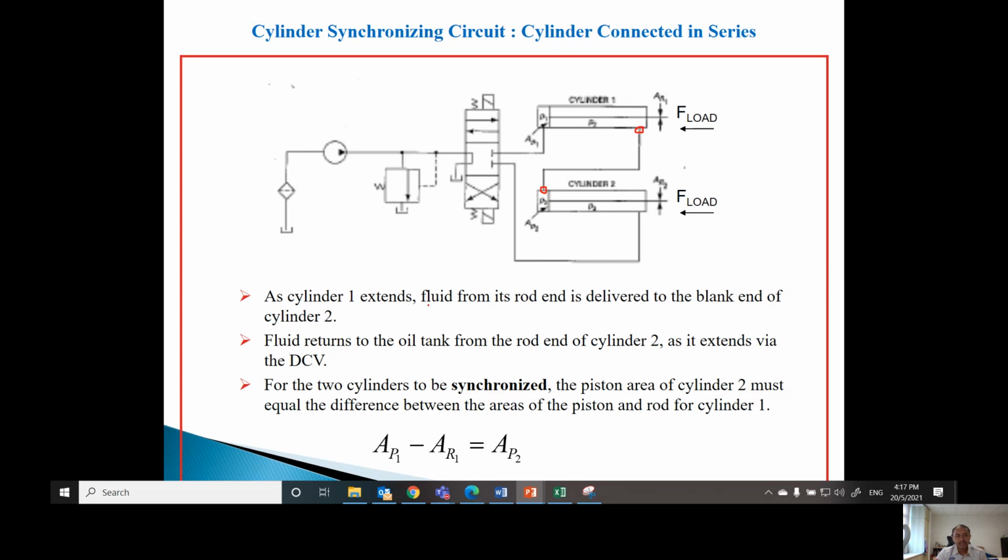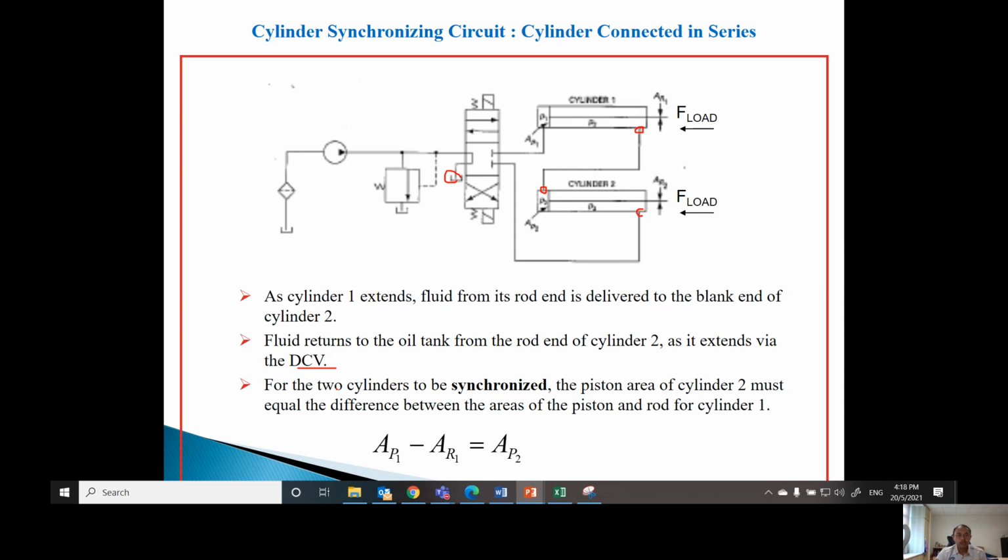So when cylinder 1 extends, the fluid from its rod end will be delivered to the blank end of cylinder 2. What happened? The fluid will return to the oil tank from the rod end of cylinder 2 here, and then return through the DCV back to the tank here.